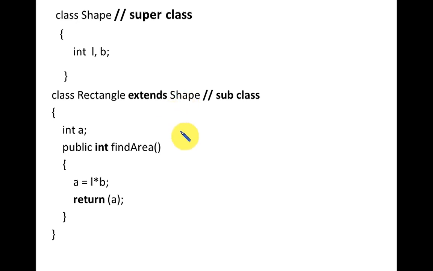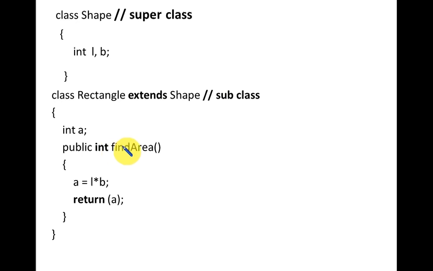Inside this subclass we are defining two things. One is a member variable, A, which is going to store the area of the rectangle, and another is a public method. A method is a function in C and C++.